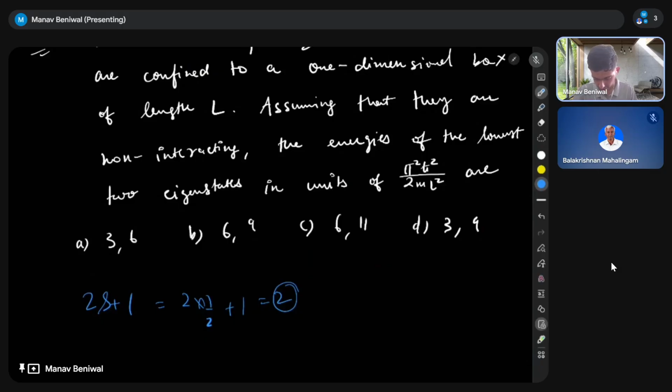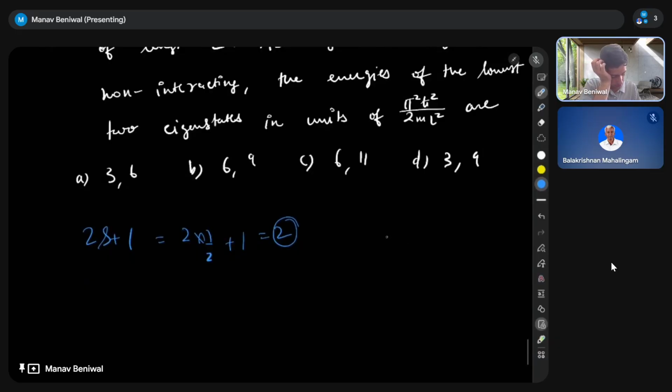So if these are our energy levels, this corresponds to n equals 1, 2, 3, 4, and so on. So here we have, for the lowest possible energy configuration, two particles here and then one particle here.